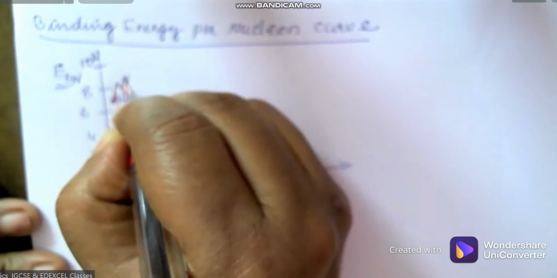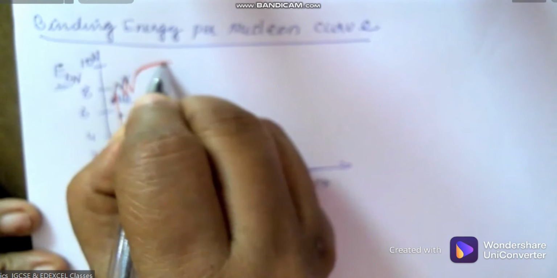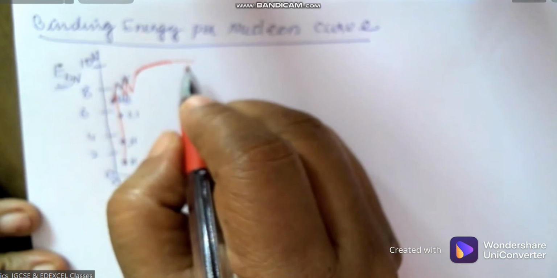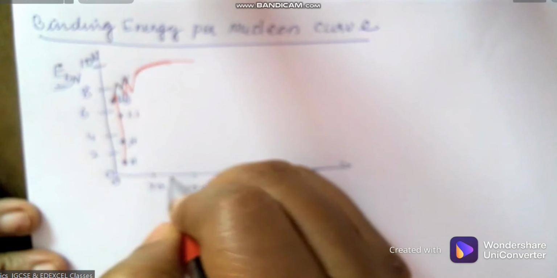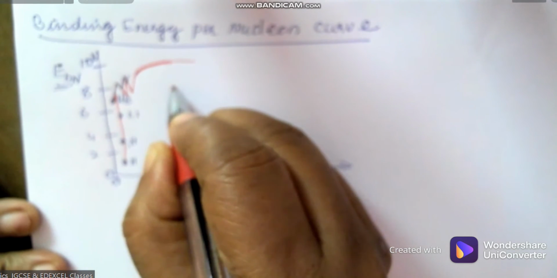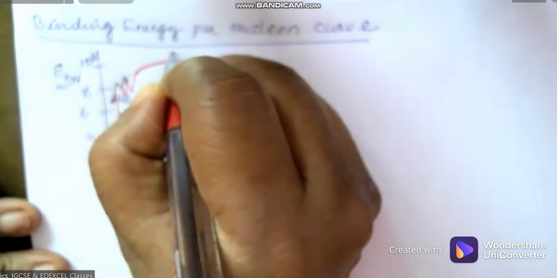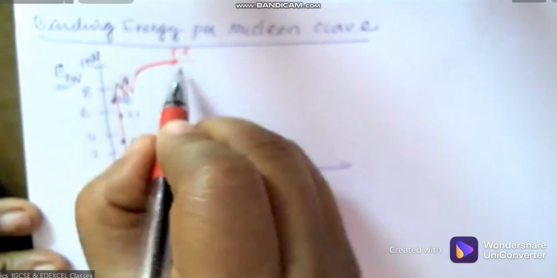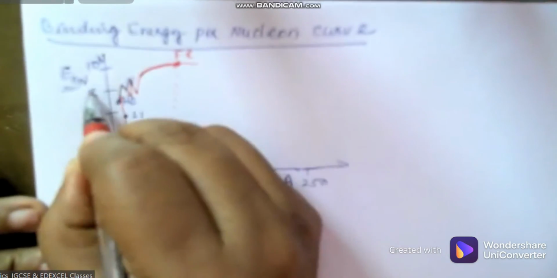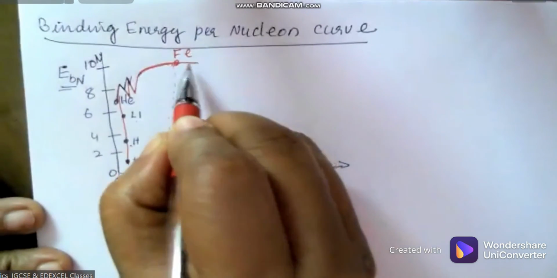The graph goes like this. Then there are so many changes, and you see that the peak is for iron, which is 56. This number is 56, and this is iron. That has the highest binding energy per nucleon.